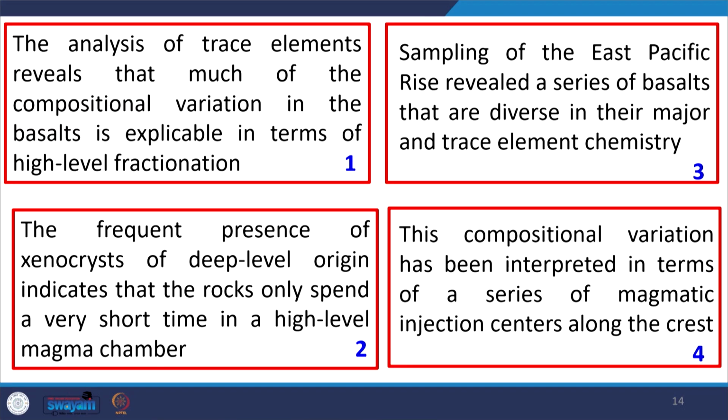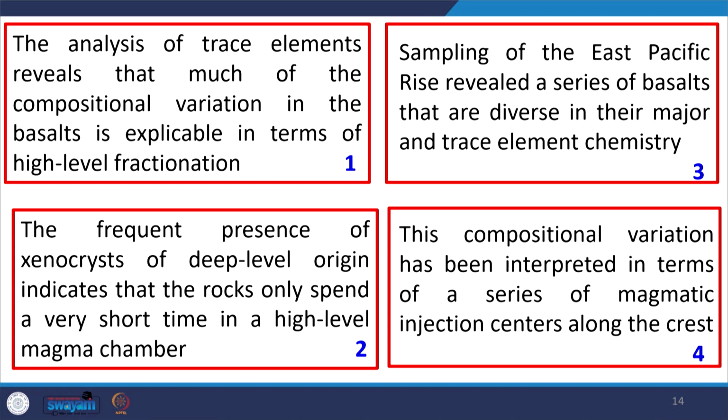And sampling of the East Pacific Rise revealed a series of basalts that are diverse in major and trace element chemistry. This compositional variation has been interpreted in terms of a series of magmatic injection centers along the crest.